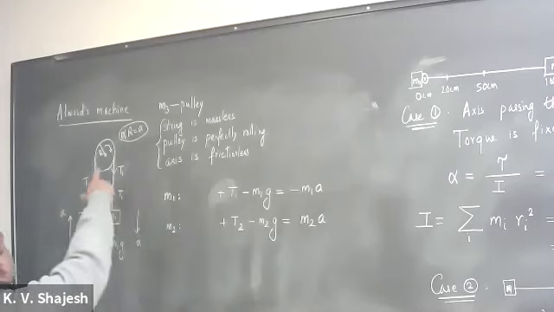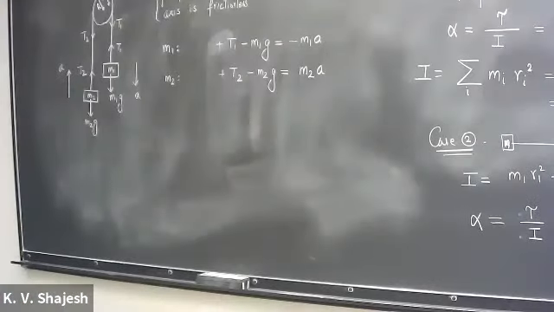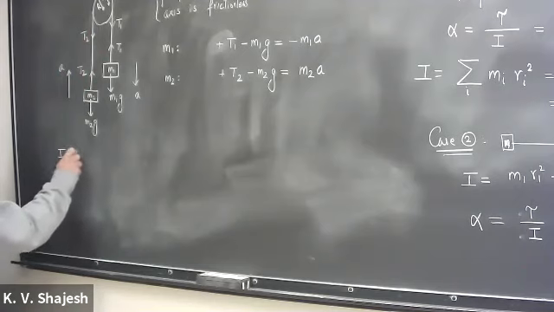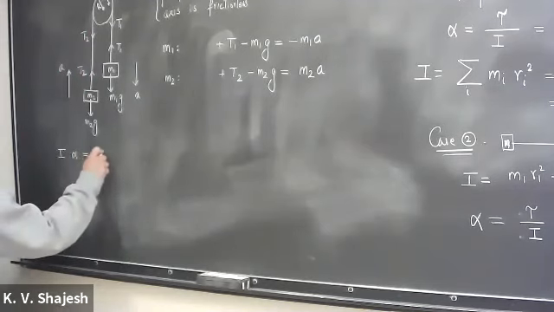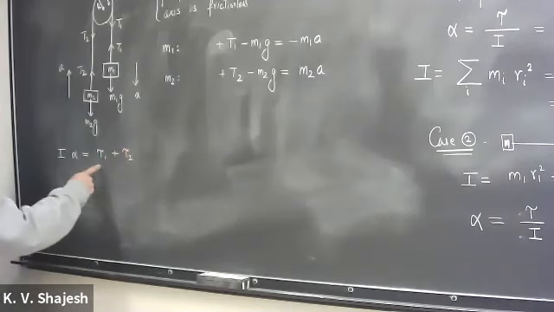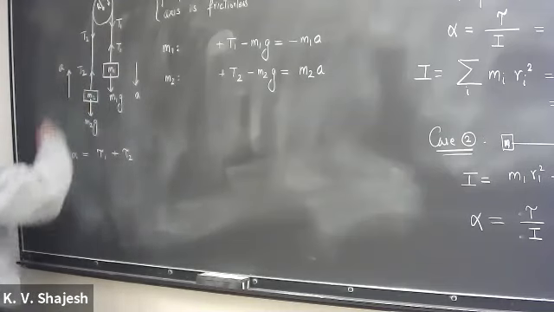Now let's talk about the pulley itself. Let me move this down. Okay, so now let's talk about the pulley. Remember, I times alpha, moment of inertia times angular acceleration, has to be equal to the torques acting on this. There are only two torques acting: the torque due to tension 1 and the torque due to tension 2.